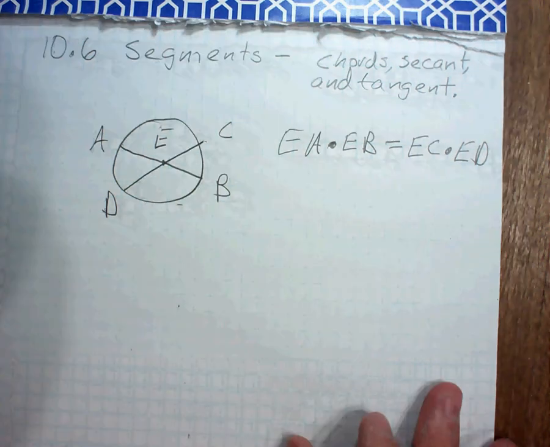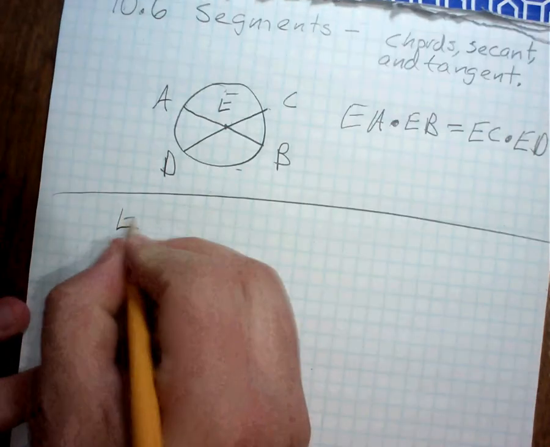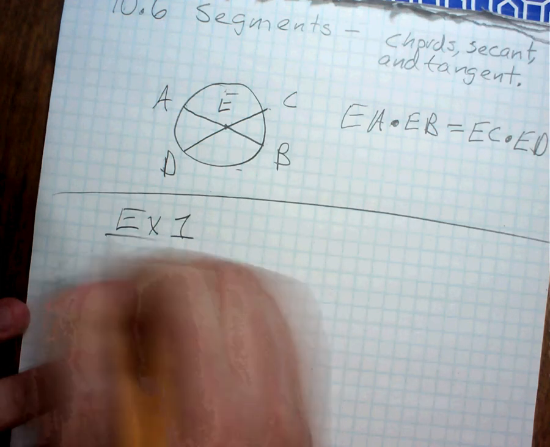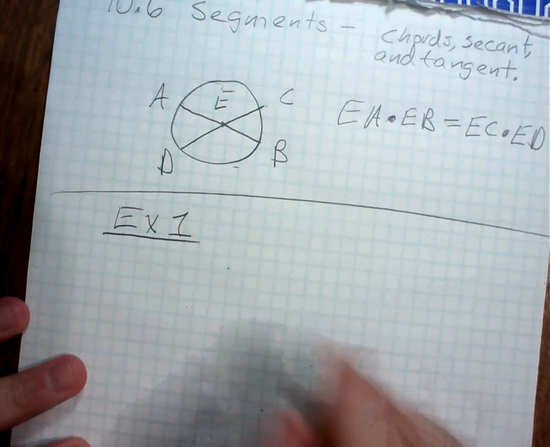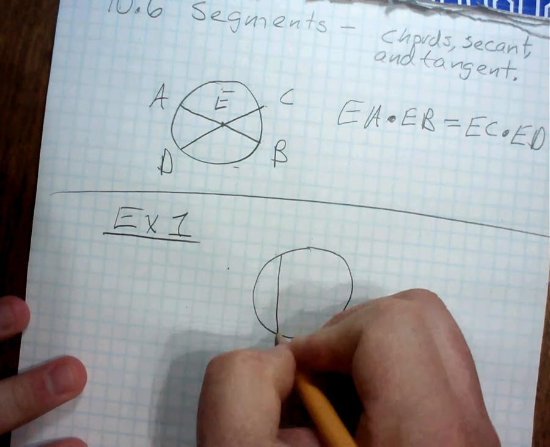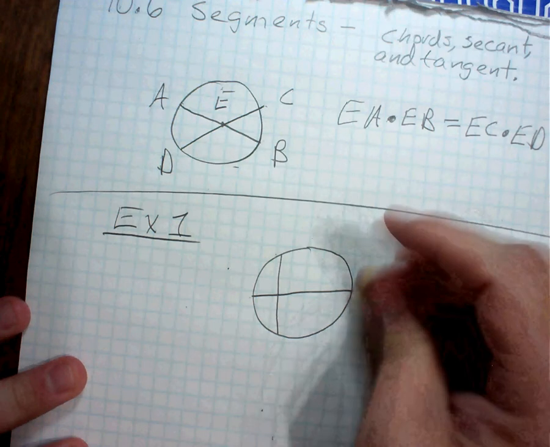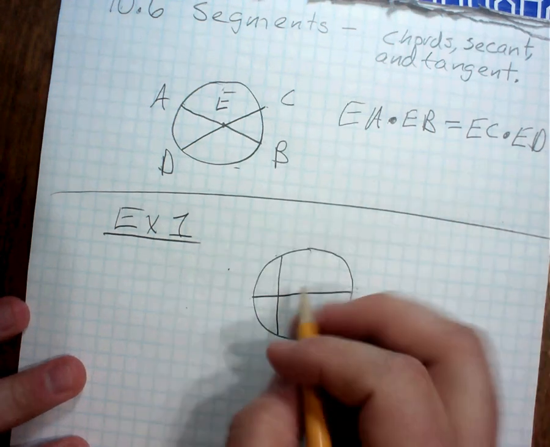So let's plug some numbers in and do example number 1 and try to make sense of this. I'm going to have a perfectly drawn circle. I have a chord like this and a chord like this. Let me label this.